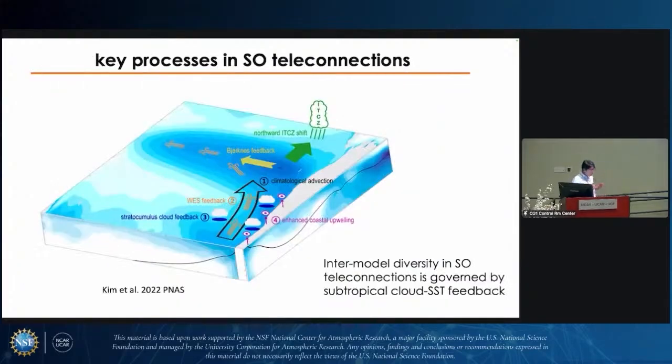So far, the proposed mechanisms involve first the mean state wind advection in the tropical Eastern Pacific, and further, this SST can be amplified by the WES feedback, the wind-evaporation-SST feedback, and also subtropical cloud feedback. Especially the subtropical cloud feedback has been identified in this nice paper as a key driver of the intermodel spread in Southern Ocean teleconnections.